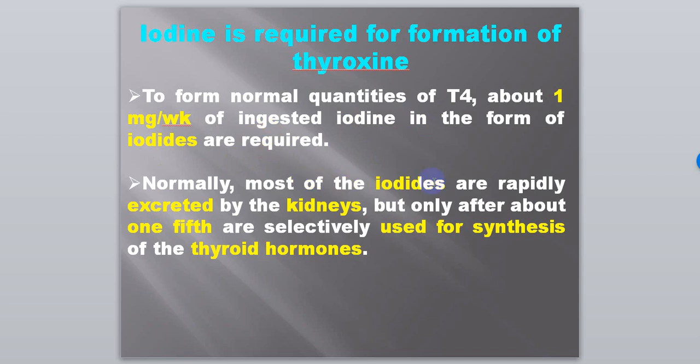Normally, most iodides are rapidly excreted by the kidney. Only 1/5 of the amount that comes from food is used for synthesis of hormone, and the other 4/5 is excreted by the kidney.